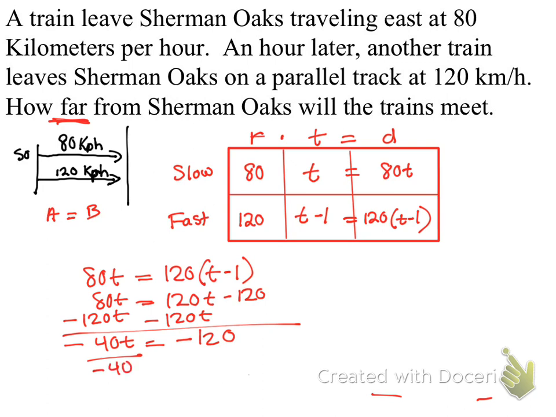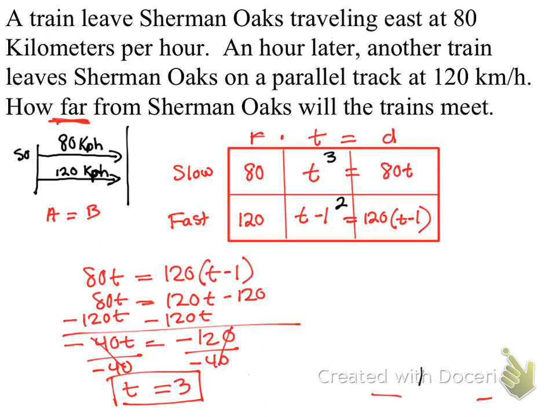Divide by negative 40. And t equals what? 3. Okay? Now, are you guys with me? 3 what? Hours. 3 hours. So it takes the slow train 3 hours, and the fast one 2 hours.